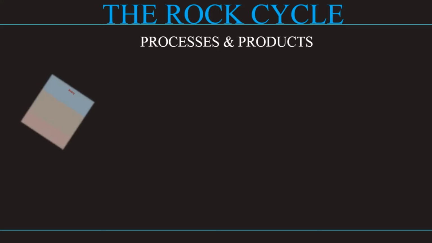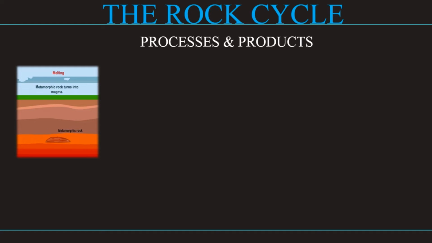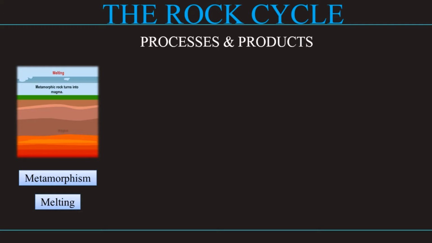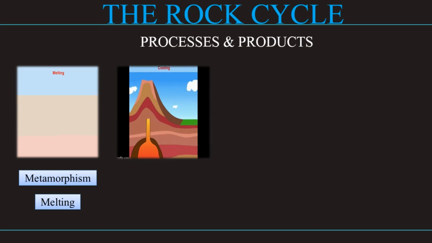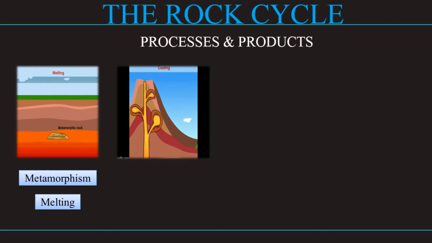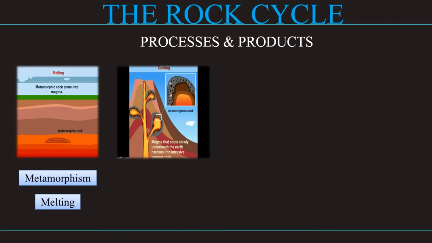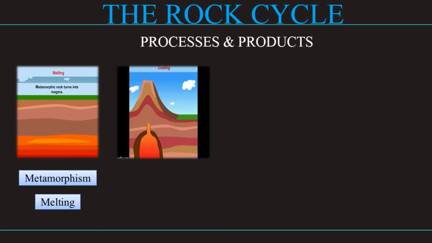Here are other illustrations of the rock cycle for you to see clearly what happens in each process. In the first illustration, we can see that a metamorphic rock can melt and form into a new magma. In the second illustration, we can see the cooling and solidification of magma through the process called crystallization.